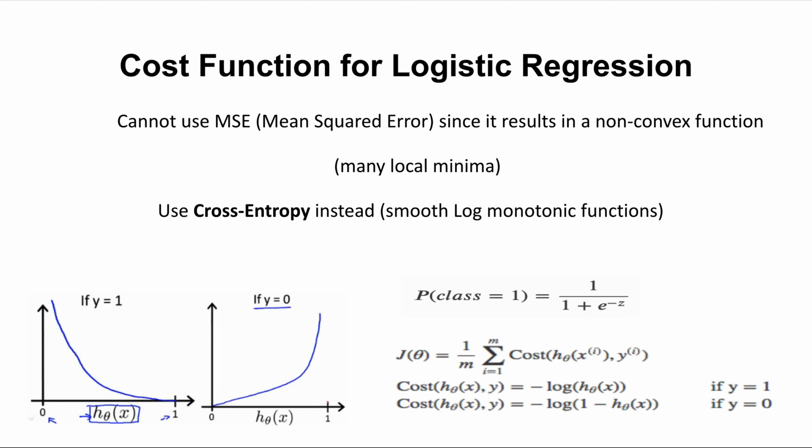For both of those you have separate cost functions, and both are smooth logarithmic monotonic functions. The main intuition I want you to understand is that we don't use mean squared error. We use cross-entropy because it results in a convex function with only one absolute minimum. That's why it's important to use cross-entropy in this case.